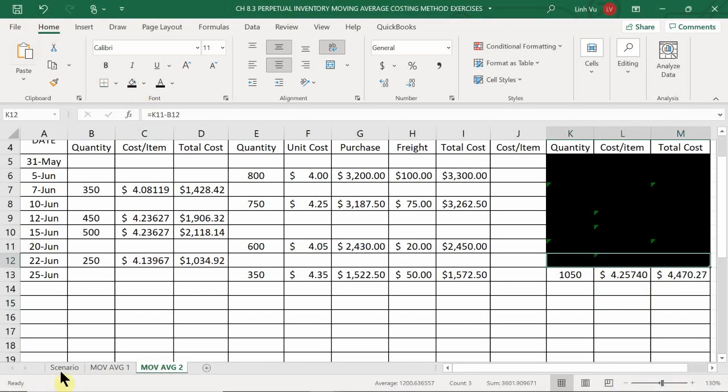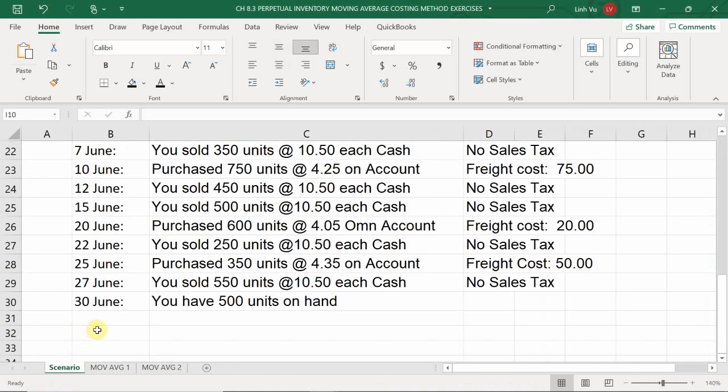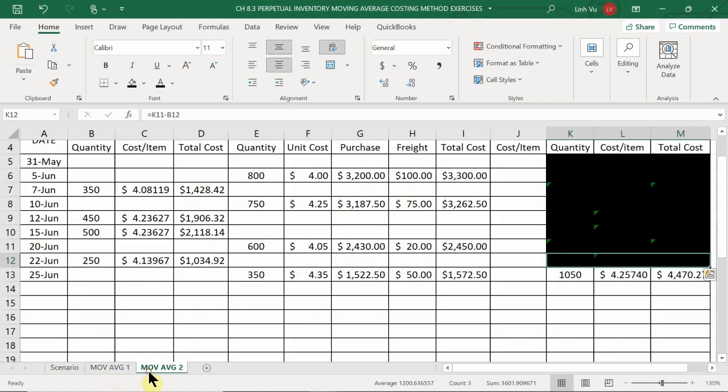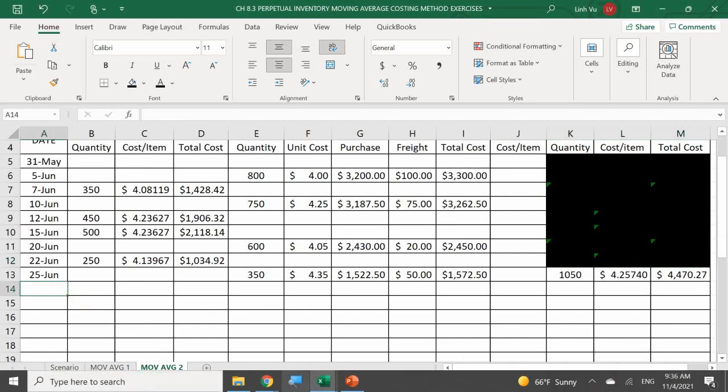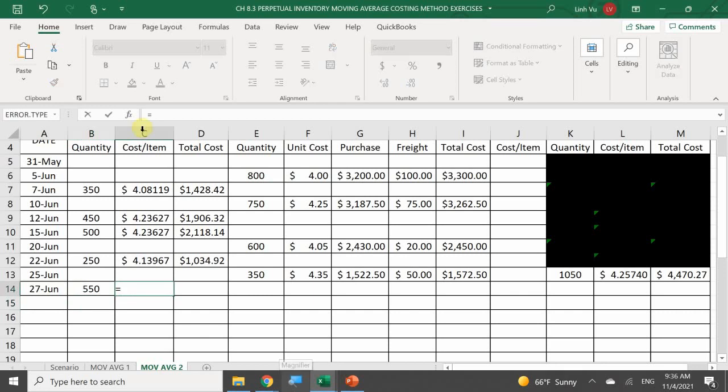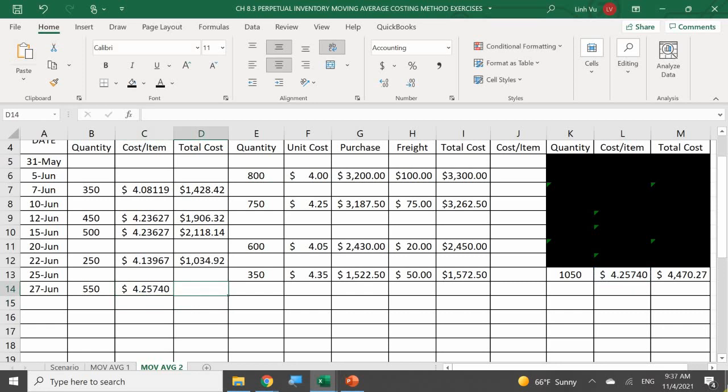Let's see what the last scenario here is. Then on June 27, you end up selling 550 units, giving you a remaining of 500 units left on hand. Okay. So let's see if that's true. On the 27th, we sold 550 units, okay, at a total cost per item to be the new one, the 4.2574.